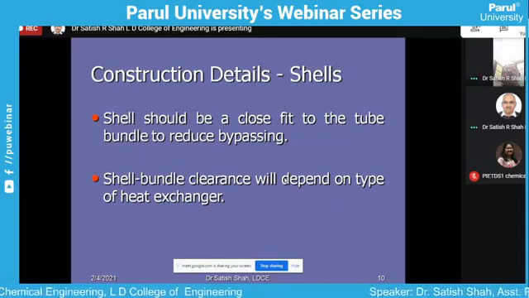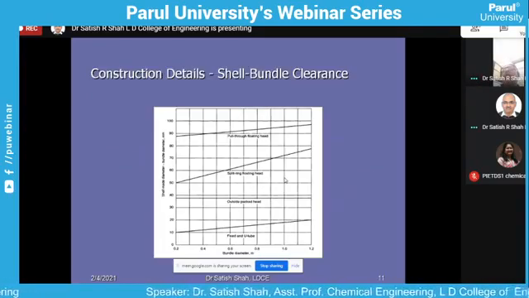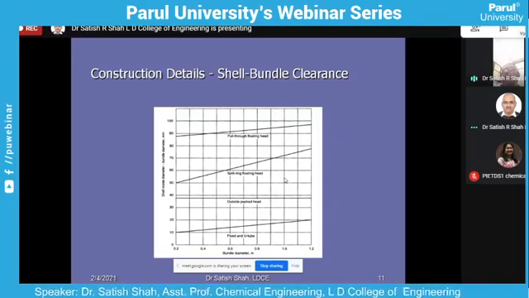But remember, whatever clearance you keep, we take care that fluid does not bypass through that point in large quantity, and for that we provide sealing strips. Here they have shown the bundle diameter and shell inside diameter, which will vary as per the type of heat exchanger.